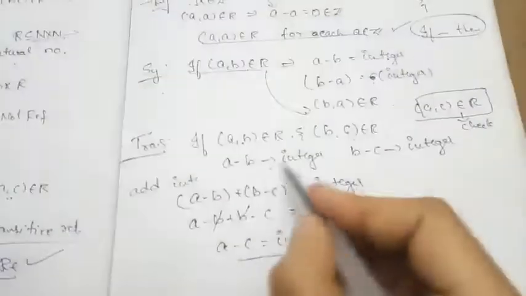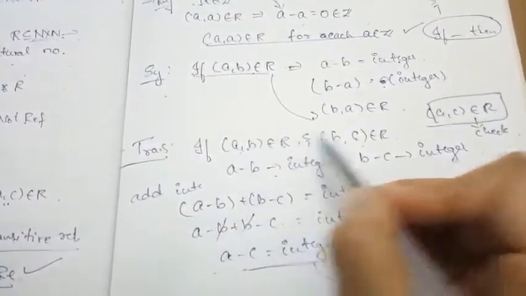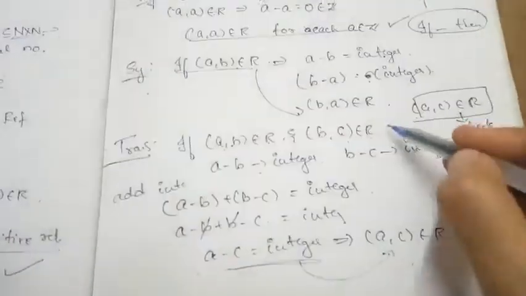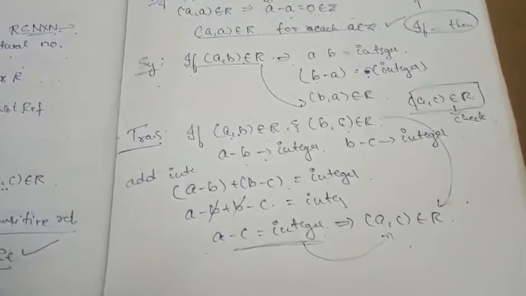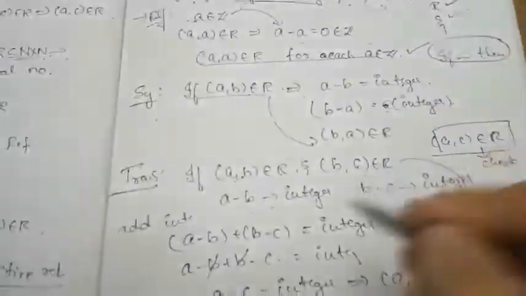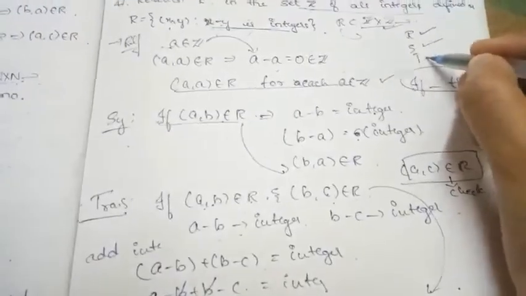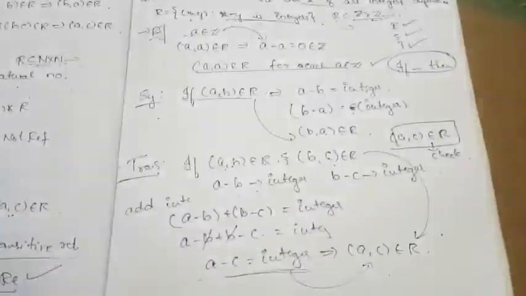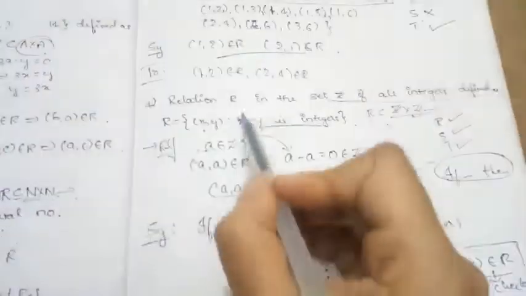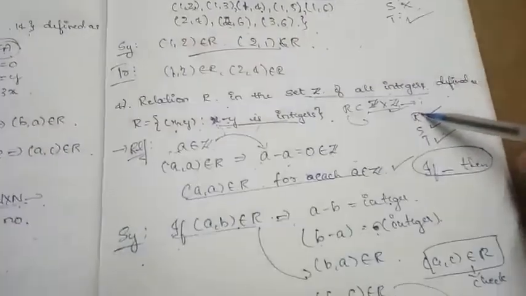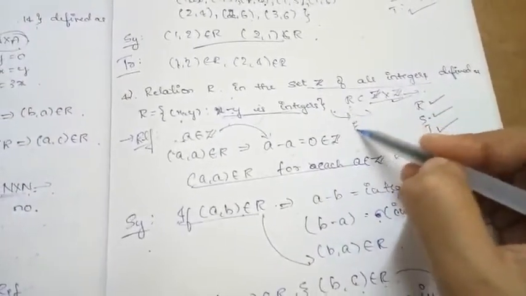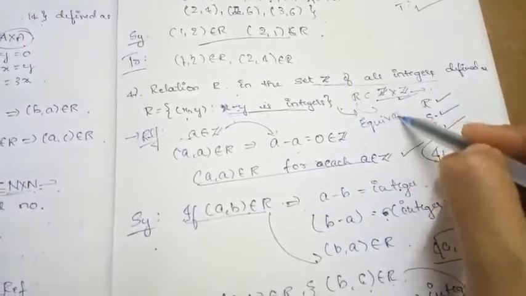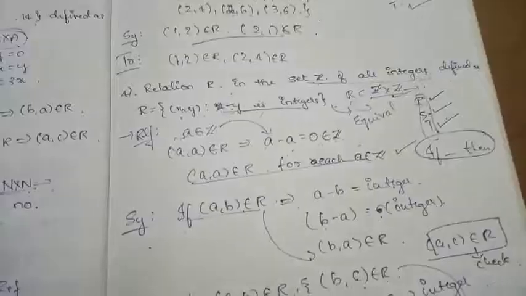So what we have got: if (a, b) belongs to R and (b, c) belongs to R, then (a, c) also belongs to R. That is the condition for transitivity, so it is also a transitive relation. So clearly our relation is reflexive, symmetric as well as transitive. So this relation is an equivalence relation, because it satisfies all the above three properties.